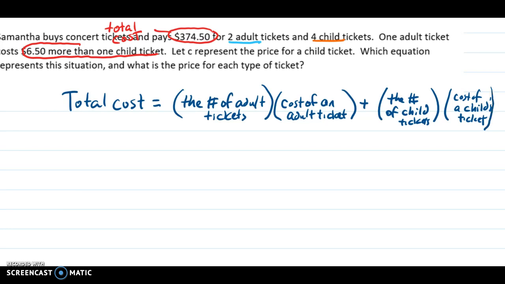Okay, so you may want to start off by first of all reasoning your way and writing something down in English that represents what is being stated in the problem. The next thing is you're going to want to take any variables that have been identified for you. So they tell us that C is going to represent the price of a child's ticket.